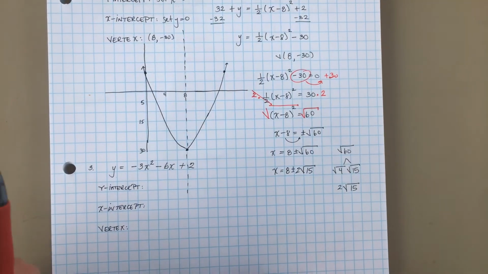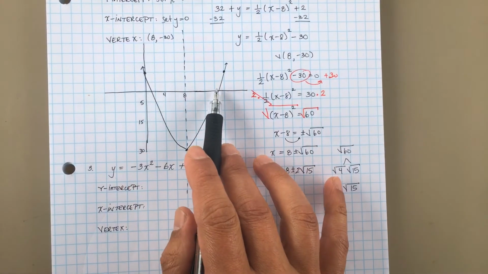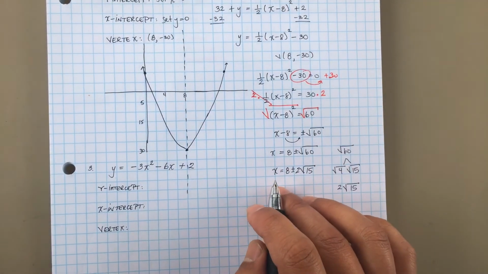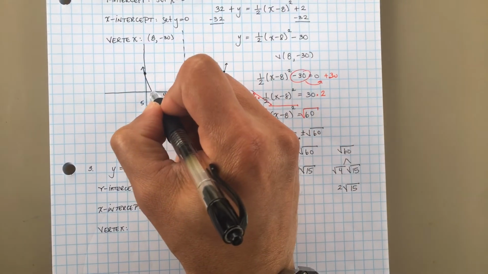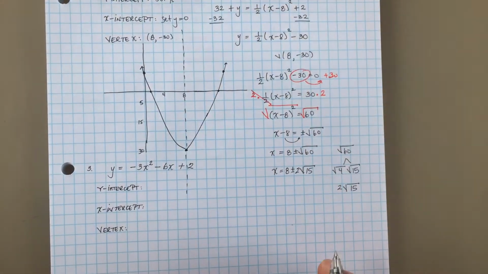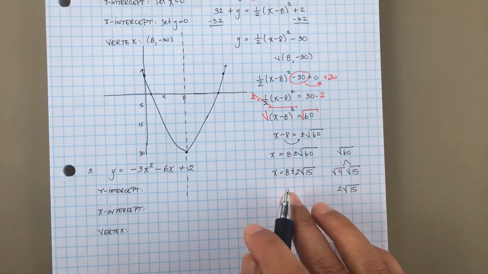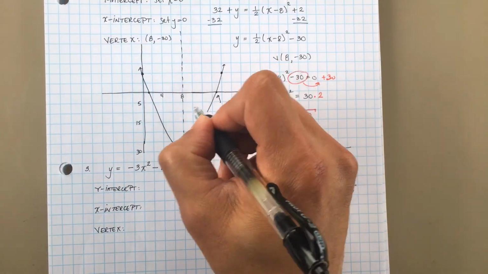Okay, y como pueden ver, esto me va a dar decimal. This is going to give you a decimal, so that's why we don't know the exact location. Okay, pero esto me va a dar el local de estos puntos acá. Okay. Entonces este es donde pasa aquí, donde intercepta la X.